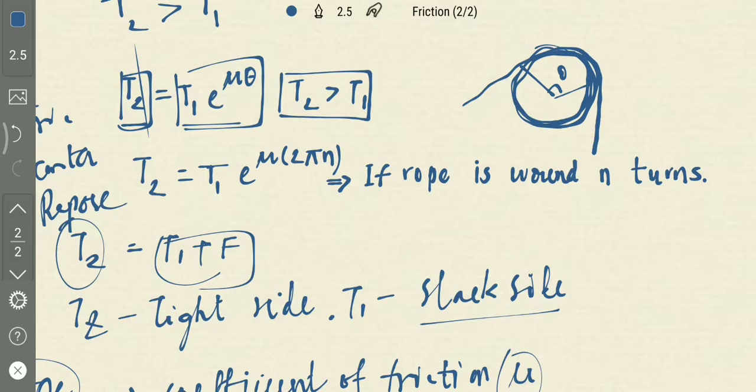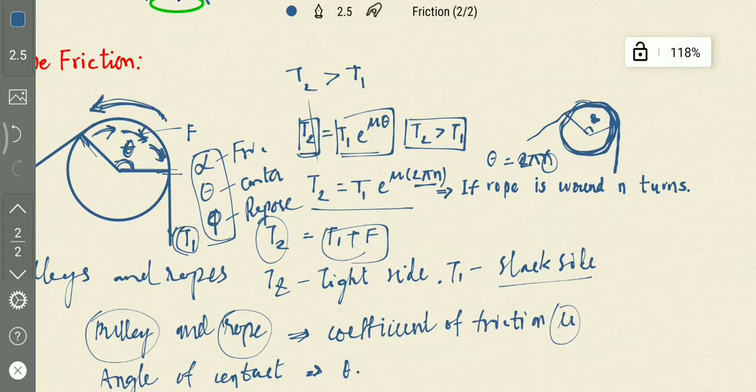So T2 is equal to T1 into e power mu into 2 pi n. And this theta will be 2 pi n, where n is number of turns that is wound on the pulley. So remember these two formulas.